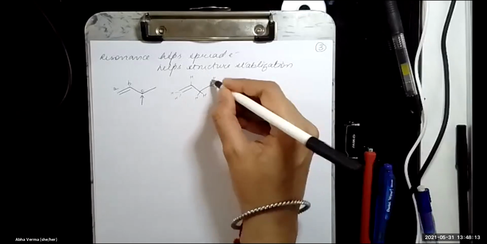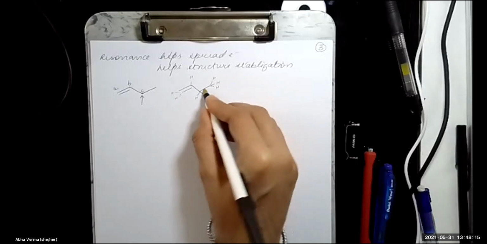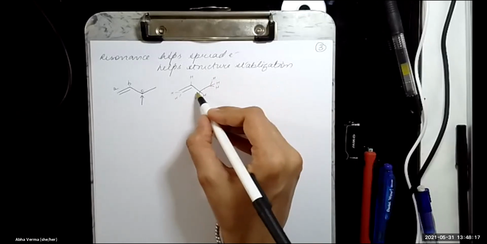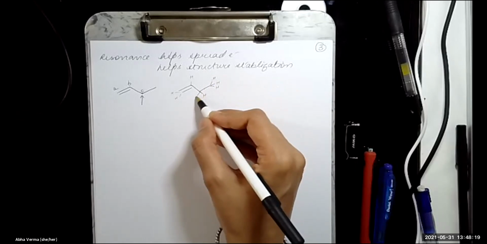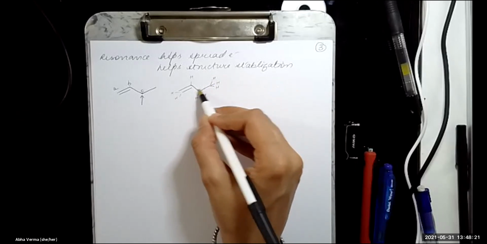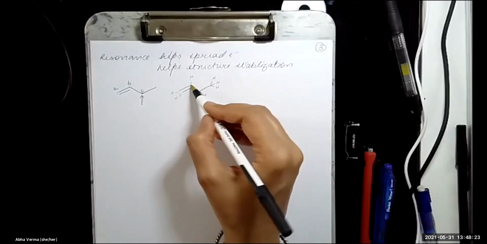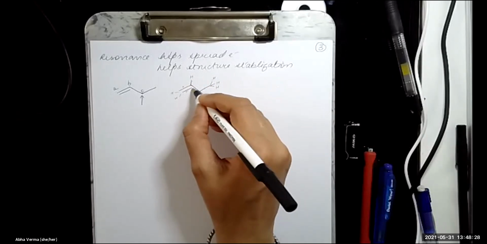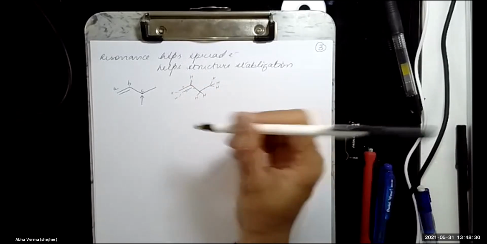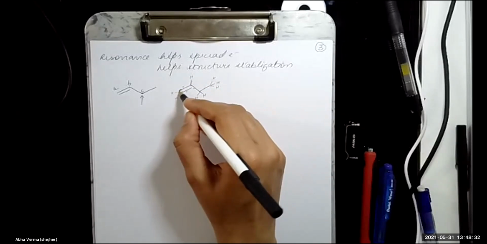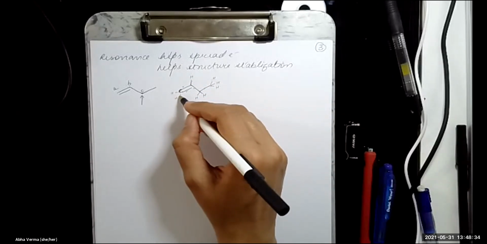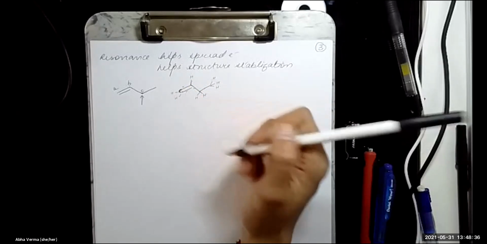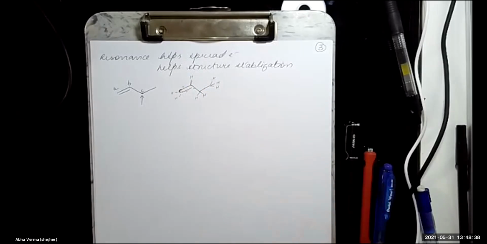So this carbon should have 3 hydrogens because it is making the 4th bond here. This carbon should have 2 hydrogens because it is making the other 2 bonds right here. This carbon should have only 1 hydrogen because it is making the other 3 bonds right here. This carbon should have 2 hydrogens because it is making the other 2 bonds right there.